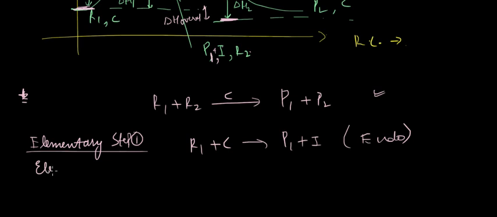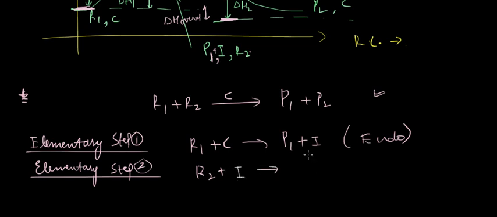and elementary step 2 would be where another R2 is introduced into the reaction, which reacts with I to form P2 plus C, which is an exothermic process.